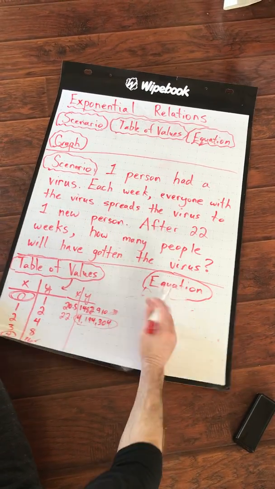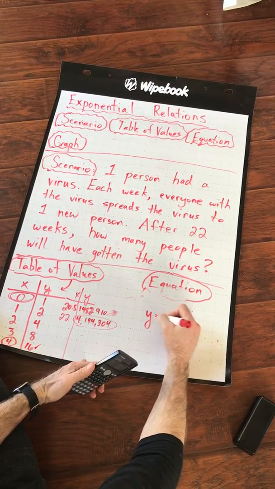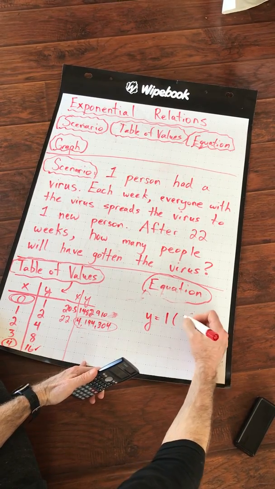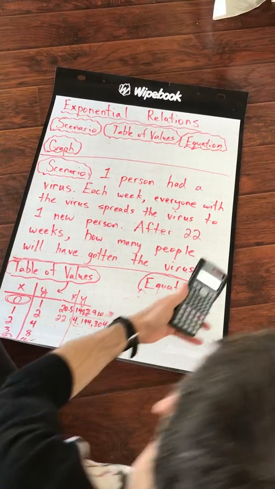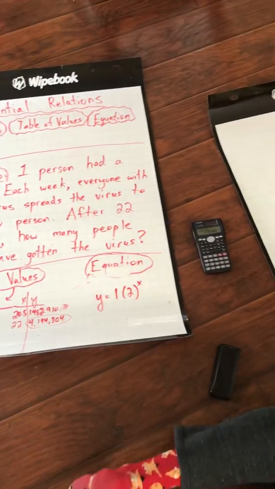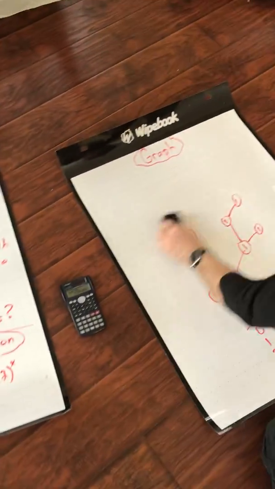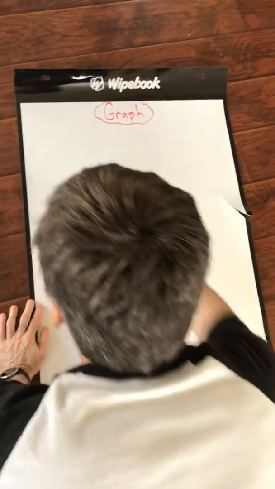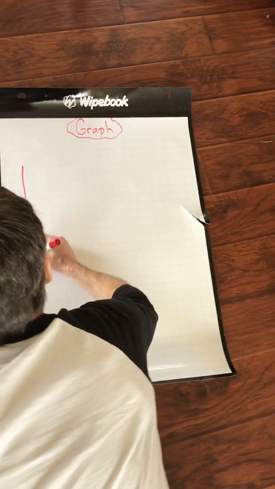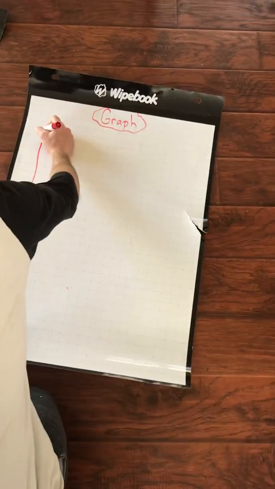All right, our equation again is y equals initial value times growth rate to the power of x. And let's do a graph. The graph is just basically redoing the table of values. Here's my y-axis to tell me how many people have the virus.